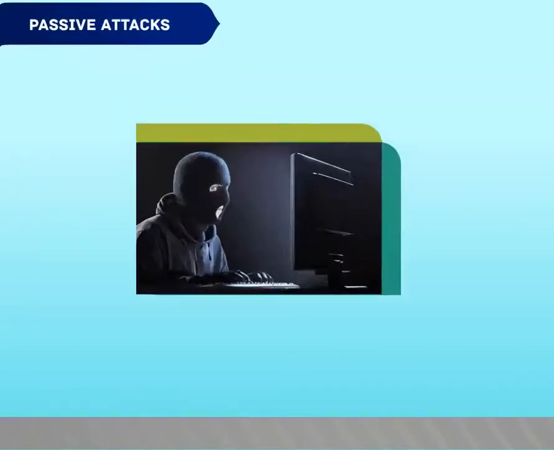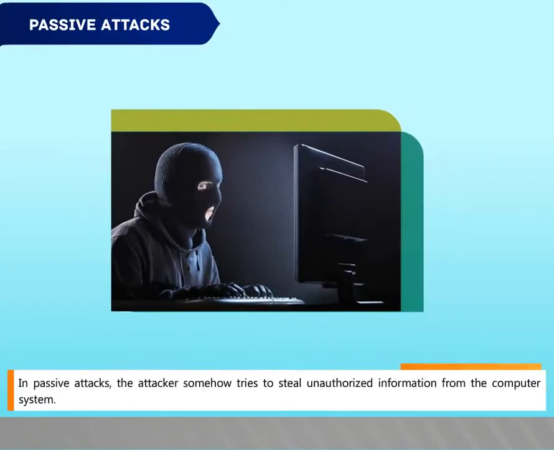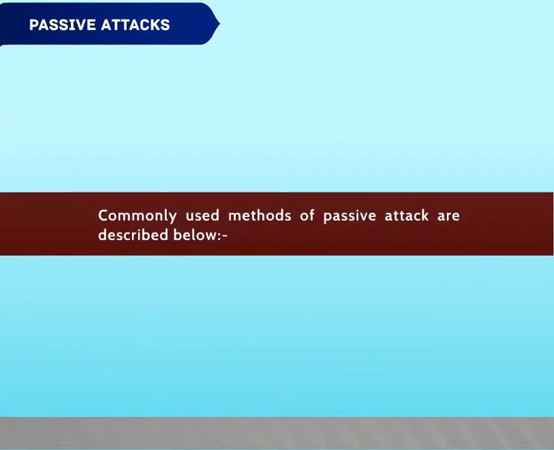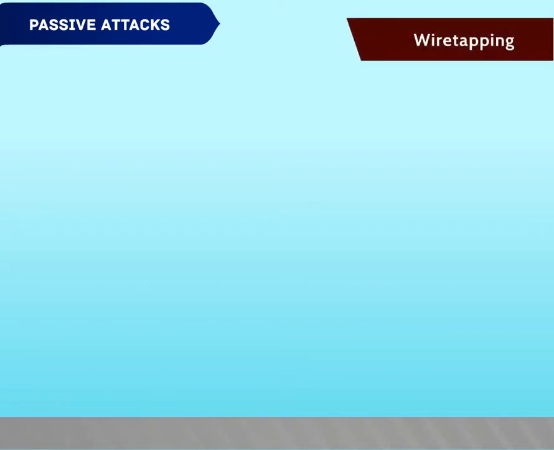Passive attacks. In passive attacks, the attacker somehow tries to steal unauthorized information from the computer system. Commonly used methods of passive attacks are described below: wiretapping.